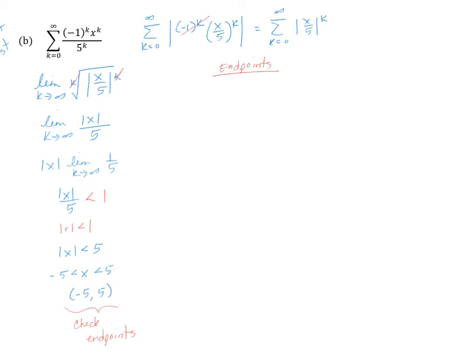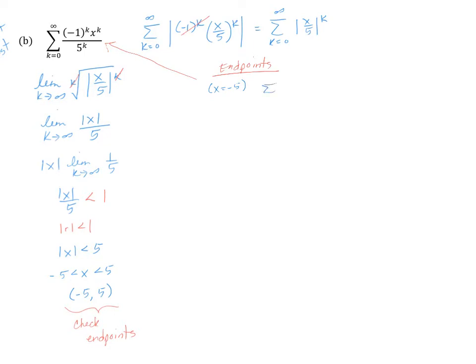So when you check your endpoints, the first one I'm going to check is the -5. What you're doing is you're putting in that value for your x value into your original series, because that's where we're determining convergence.